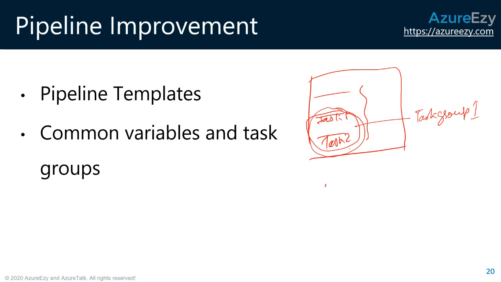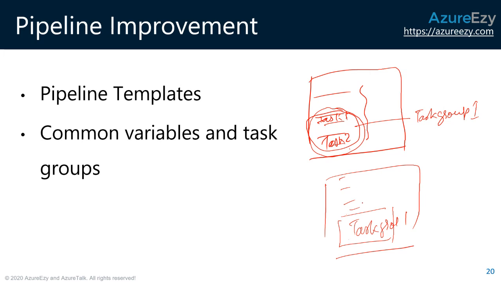And then in the next pipeline, where you want to use task 1 and task 2, instead of using task 1 and task 2, you will just use task group 1, and automatically it will use these two tasks and do the work. So you might not want to use the entire pipeline, but you want to use a certain collection of tasks from one of the pipelines.